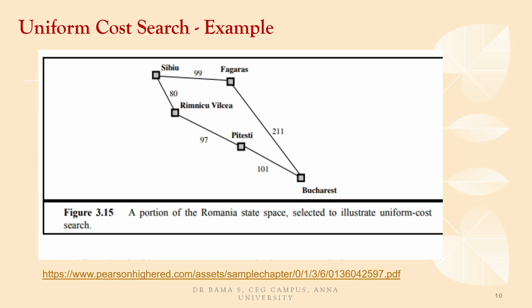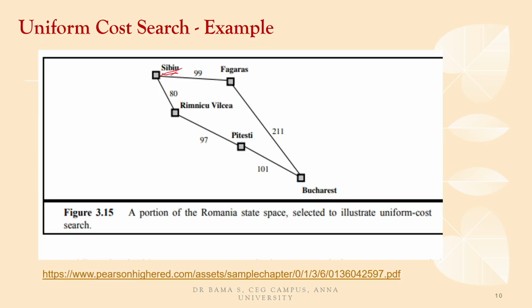Now, we will see one more example, and this is again an example from the book of Russell and Norvig, which we are always referring to in this course. This is part of the map of Romania.